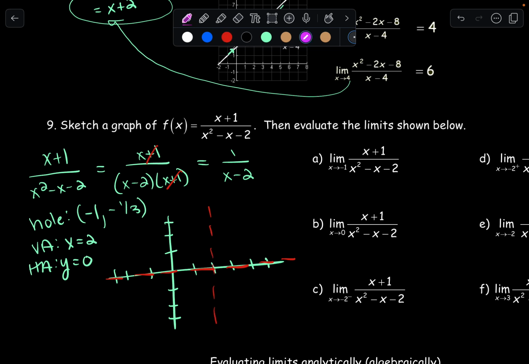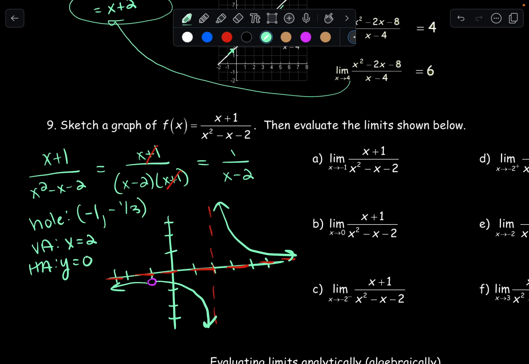Now we also have that hole at negative 1, negative 1/3, so I'll include that, which puts our curve under the asymptote here. And then we have another curve that is above the asymptote here.